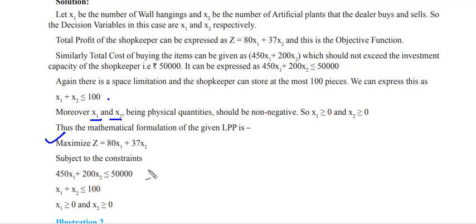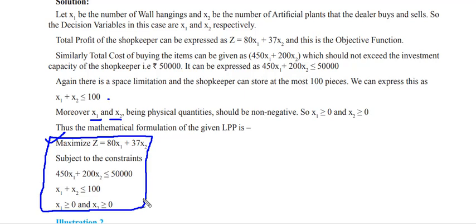This is the money which we have in our hand, we can't invest more than this. And the second constraint is x1 plus x2 is less than or equal to 100, which is our space constraint, and x1 greater than or equal to 0 and x2 greater than or equal to 0. This is the non-negativity constraint. So writing it like this means formulating the linear programming problem.